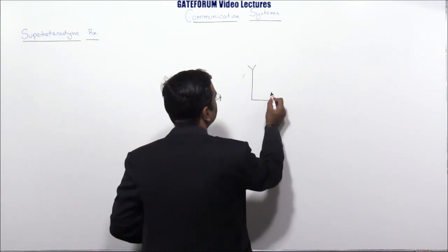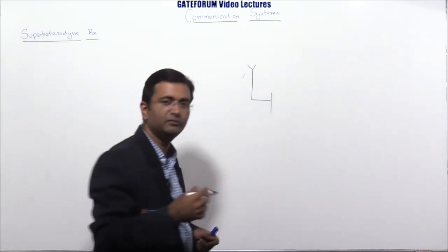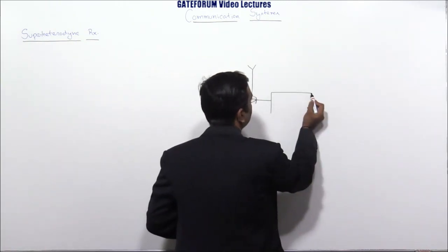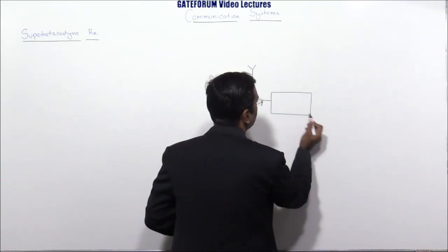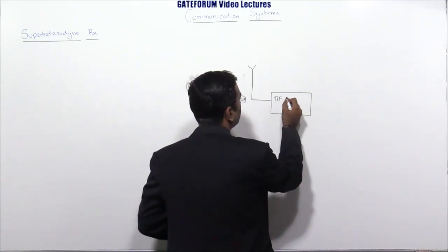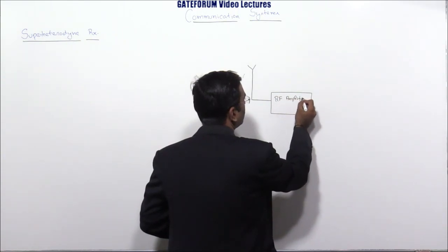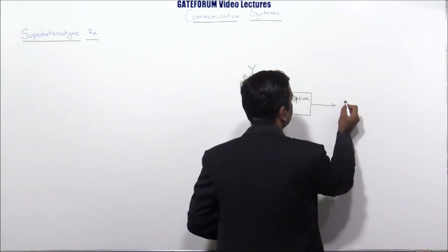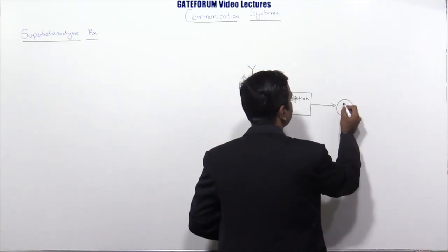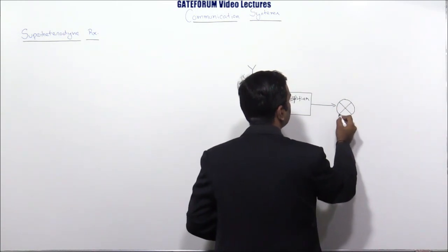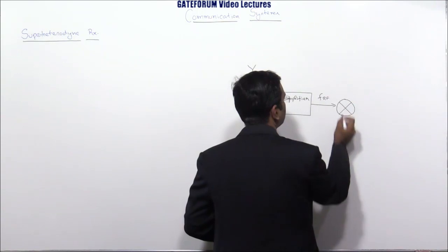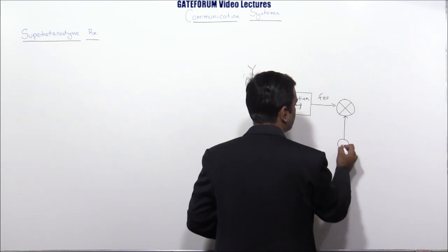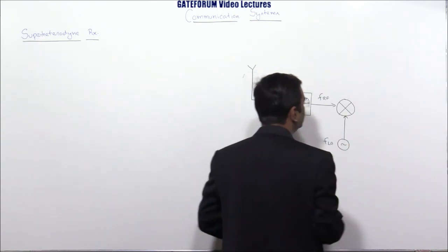Antenna. We need to understand the meaning of why it is super and heterodyne. RF amplifier. FLO, that's called the local oscillator.